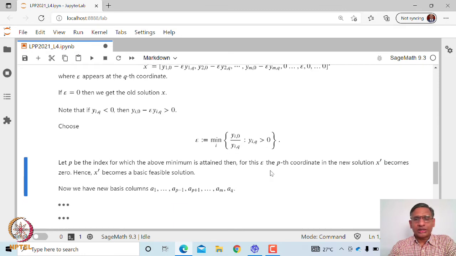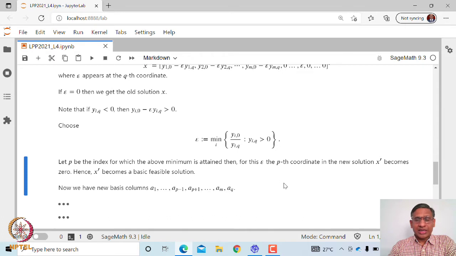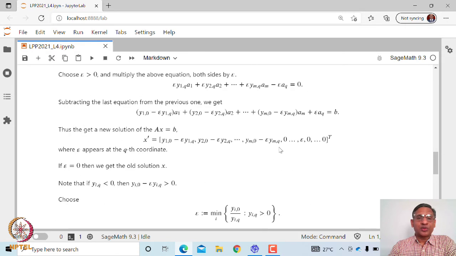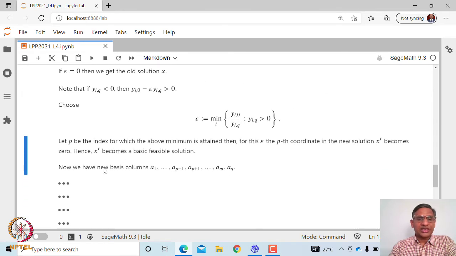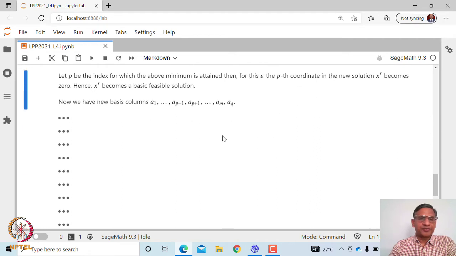So we have found an index which is going to become non-basic, namely xp, and we have not yet decided what xq is, which is going to be the incoming variable. First we have decided how to find the outgoing variable, and here we have taken p.